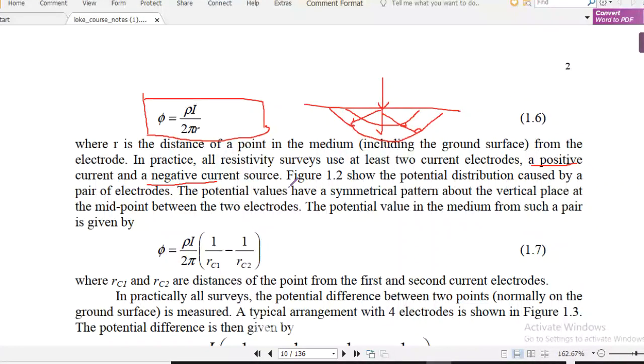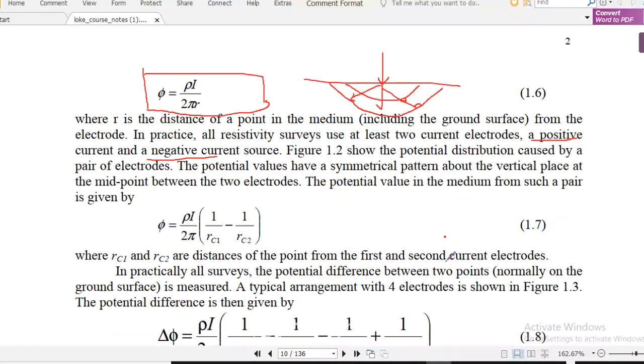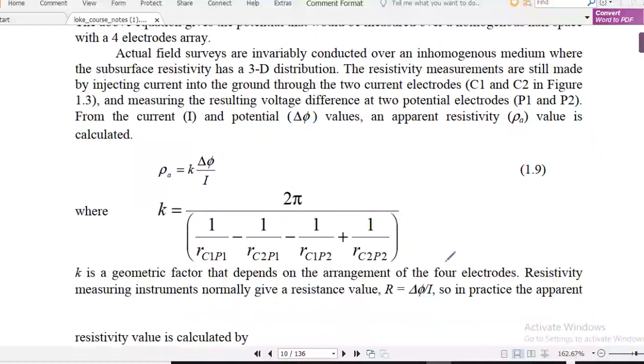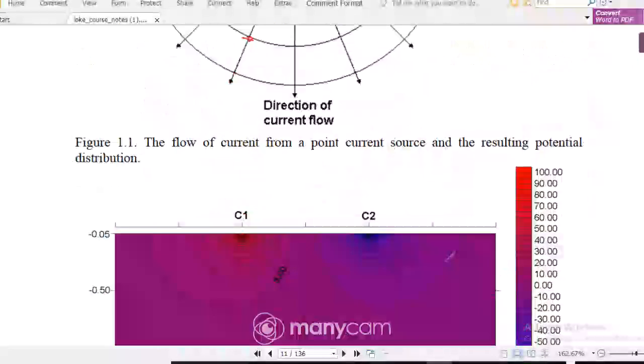I add up the potential contributed by each electrode. The potential at any point is given by rho I over 2 pi r, where r is the distance from the point to the current source.